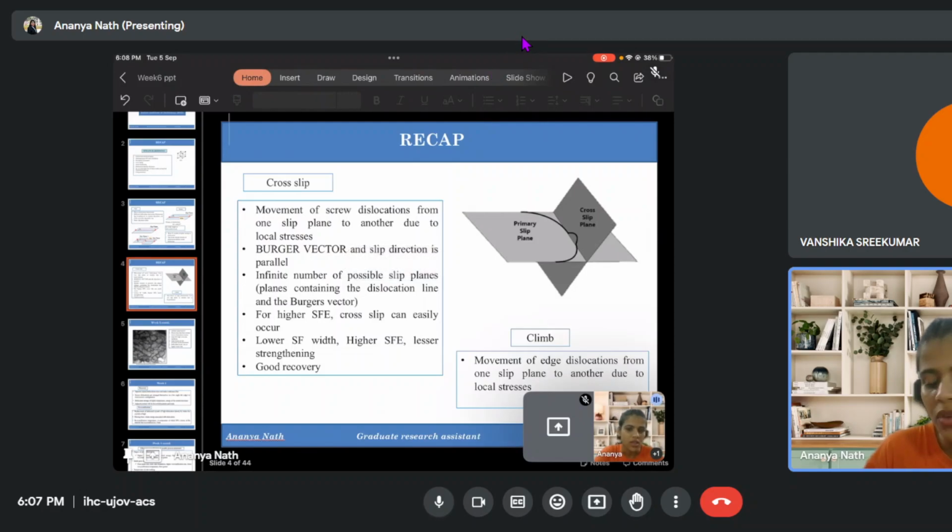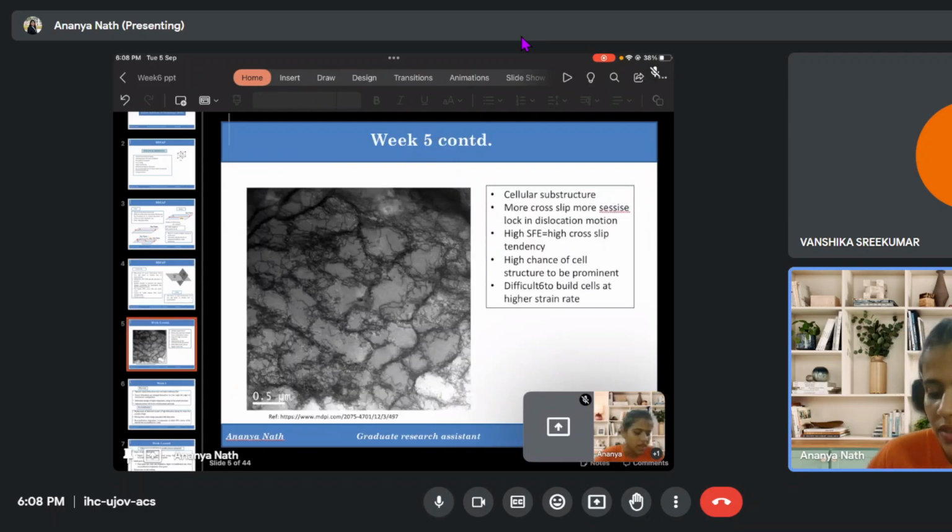So cross slip was just movement of the dislocation from one plane to another plane, if the planes are in the direction of their slip direction, and those are perpendicular in some cases, parallel for screw dislocation, and perpendicular for climb, which means edge dislocation. Then we talked about the cell structures.